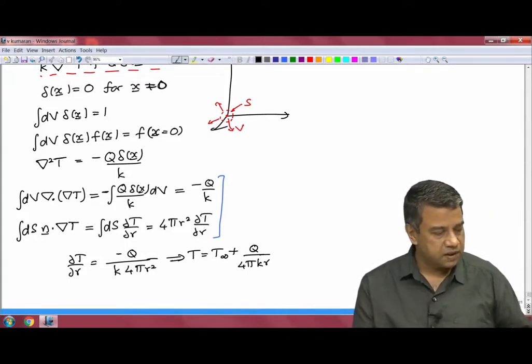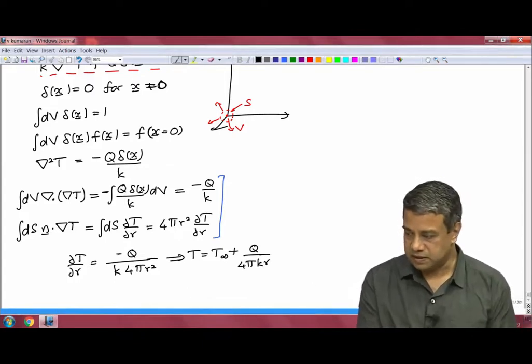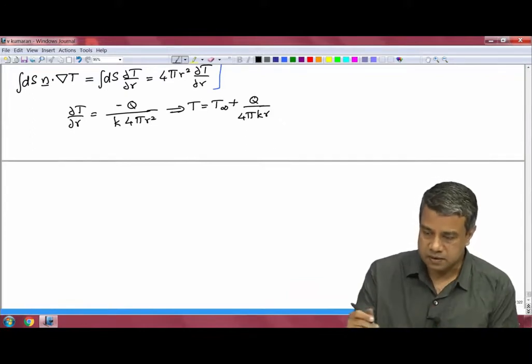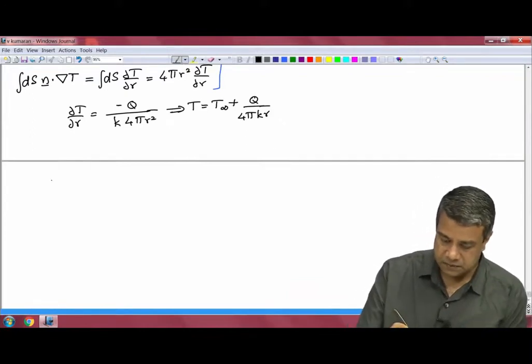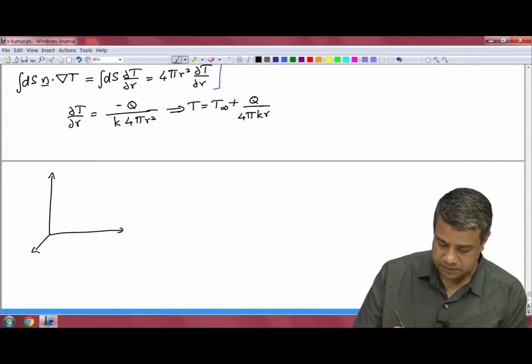What is the advantage of defining this as a point source? The advantage is that now I can add up multiple sources.